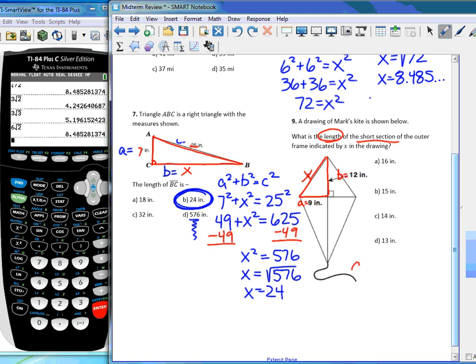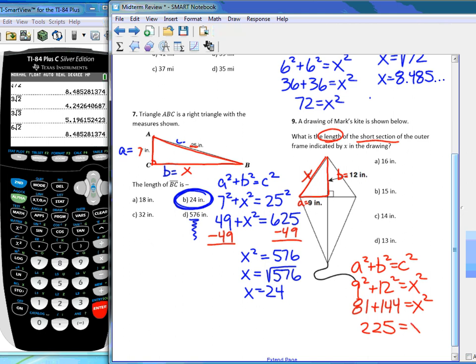So I can do a squared plus b squared is equal to c squared. We have 9 squared plus 12 squared is equal to x squared. It's 81 plus 144 is equal to x squared. That's 5, 2, carry the 1, that's 225 is equal to x squared.